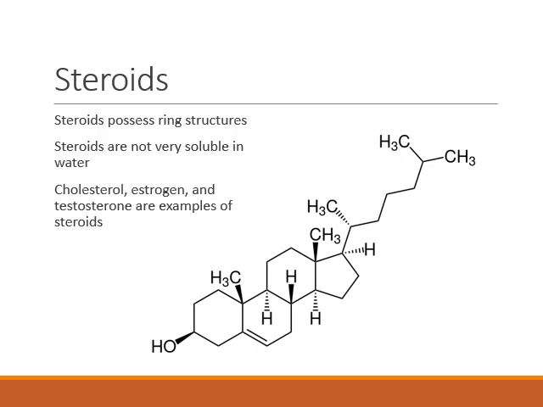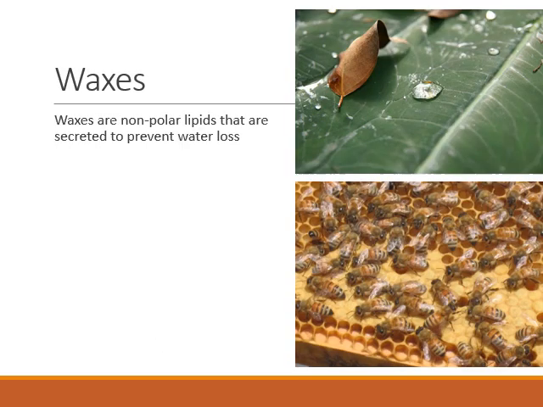And then finally, we have waxes. Waxes are nonpolar lipids that are secreted to prevent water loss. Plants secrete wax. If you've ever looked at a leaf of a plant, it's got this sort of weird shine to it. That is to keep water on the inside. Bees make wax.